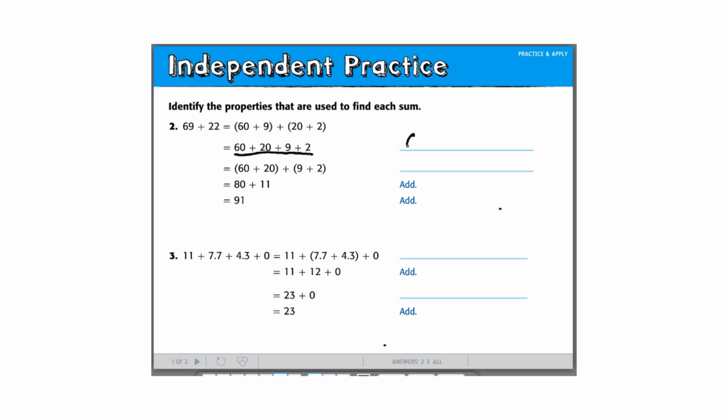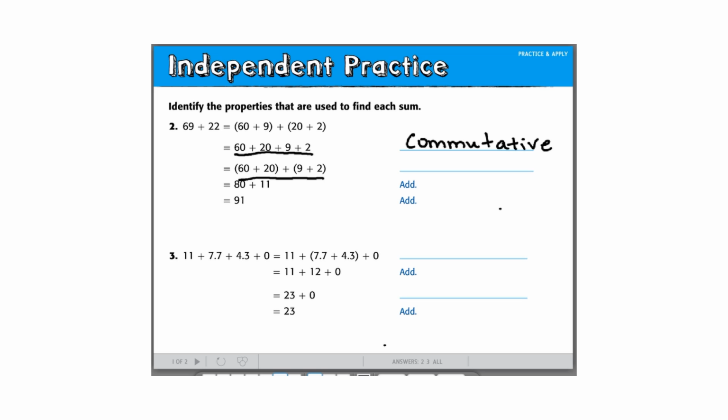Is there a property that is called when you split them up? No, there's not a property. It's just a part of what we're doing to help mentally add it. Then I grouped the numbers together using parentheses. So what property did I use right there?